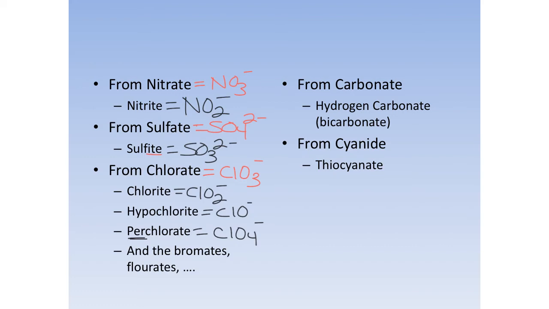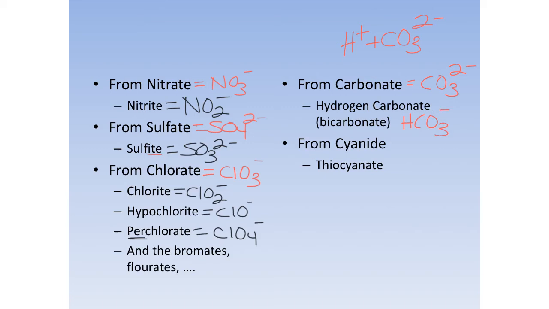Okay, one that was not on my previous slide, carbonate, CO3 minus 2, and hydrogen carbonate. That's going to literally be the hydrogen ion plus the carbonate ion. So here the charge will change because we're adding in an ion.